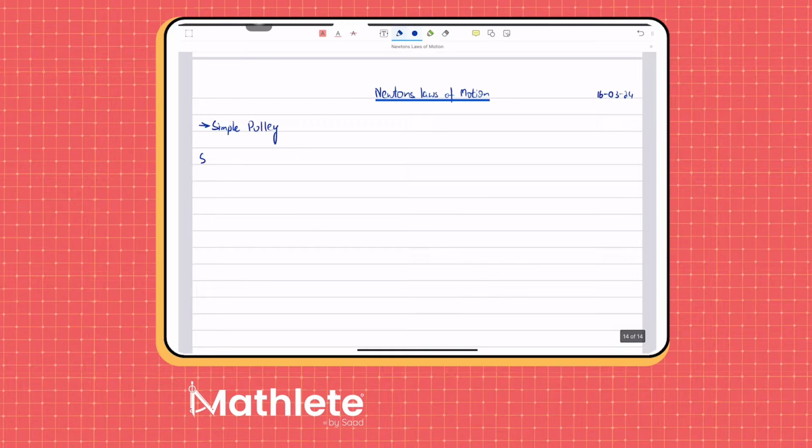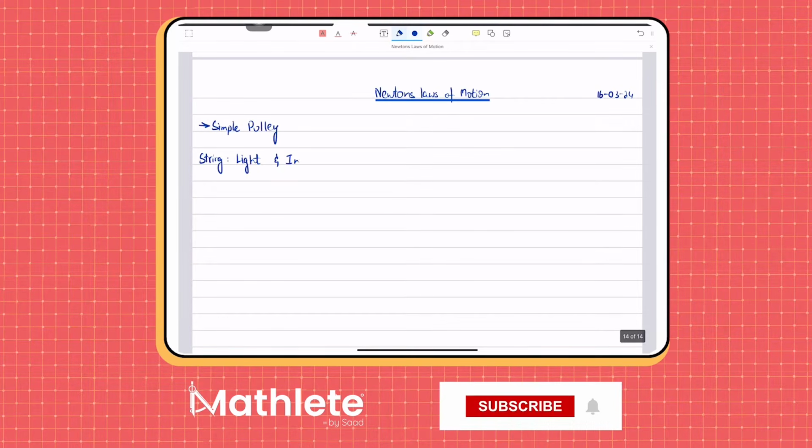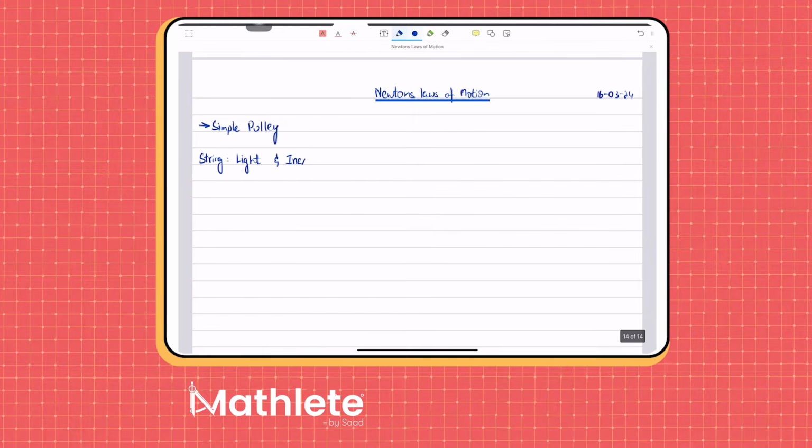Now, a couple of terminologies. Although we've gone over them, since we're starting something in which we'll be dealing with these terms all over again, we might as well go over them one more time. Every time there's a string involved, the question uses two words, light and inextensible. What's the reason behind that?